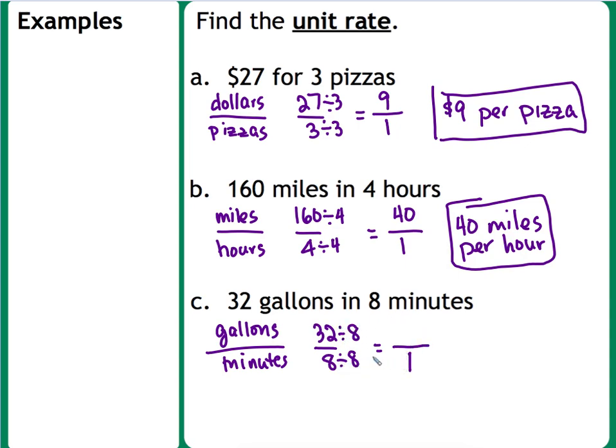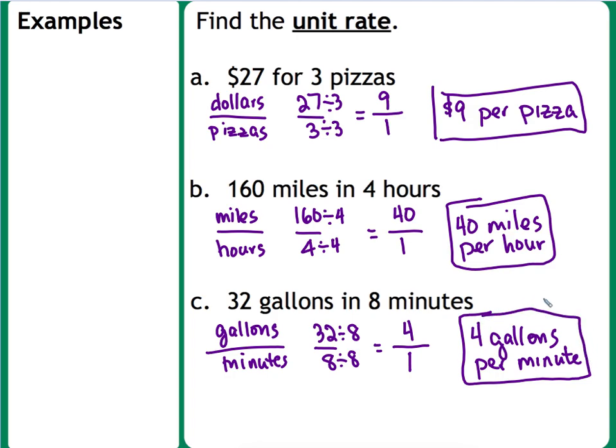So 8 divided by 8 is 1, 32 divided by 8 is 4. So now doing our per statement, we have 4 gallons per 1 minute. So this is called a unit rate because for all of these, we are finding out what the rate is for 1 of the units.